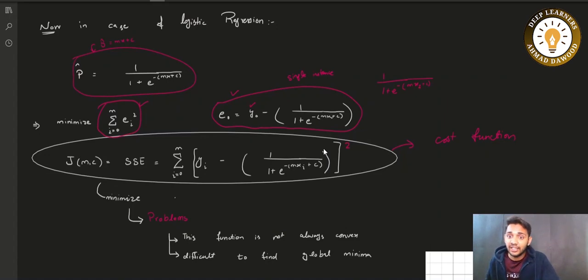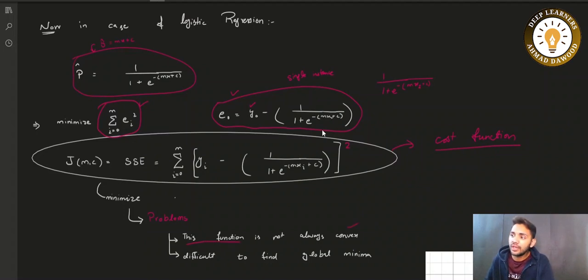Now we will have a look at what actually is different about this cost function, and what the disadvantages of using it are. First of all, this function is not always convex.